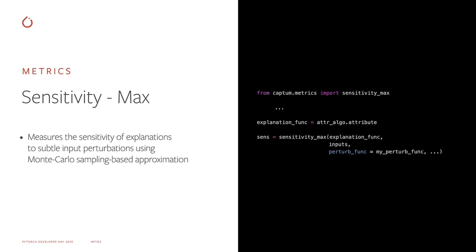For this, we also need an explanation function, and in this case, the attribution function itself is a special case of explanation function, which we can use from our Captum.attr package, as well as we need to define the inputs for which we want to compute the explanation and a perturbation function. We also offer default perturbation functions that the user can use.